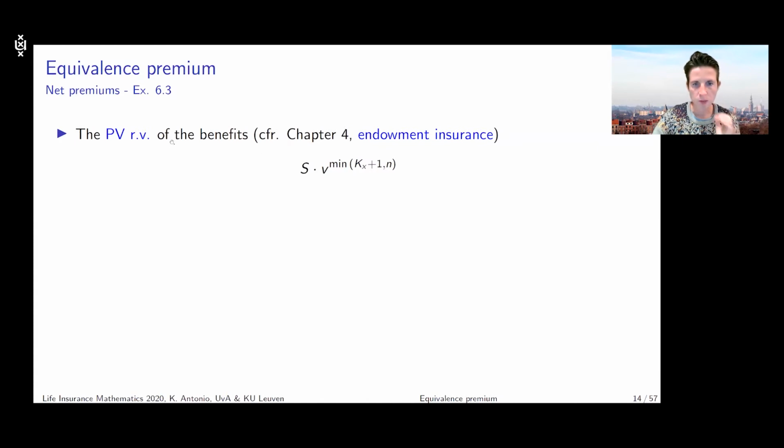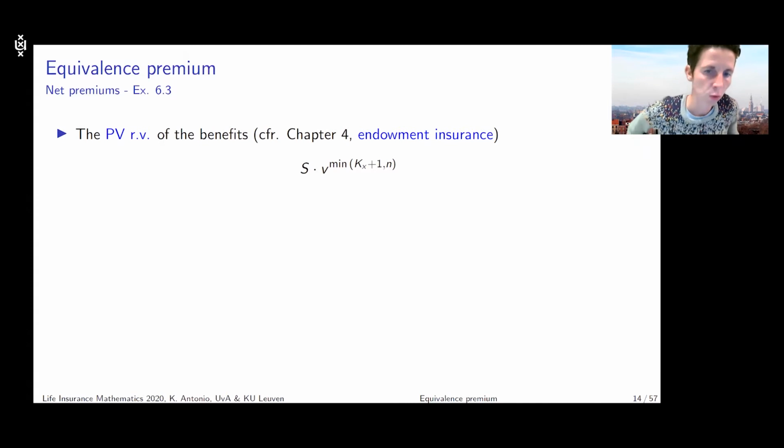So here is my present value random variable of the benefits. The insured amount is S. We're looking at an endowment insurance that is payable at the end of the year of death. The term is n. So we already learned in chapter 4 what the present value random variable of this endowment insurance is, if it works in annual time periods.